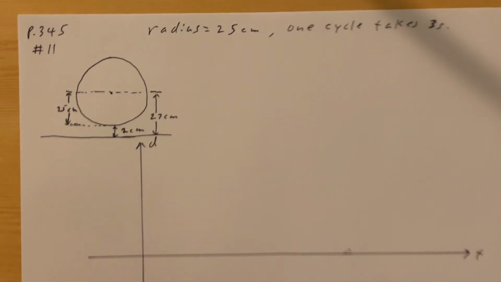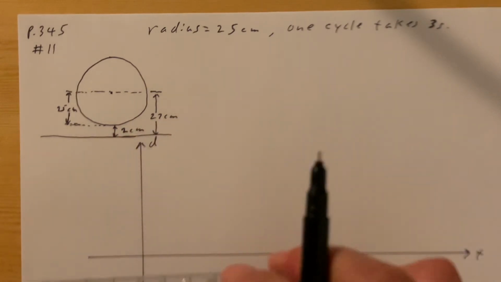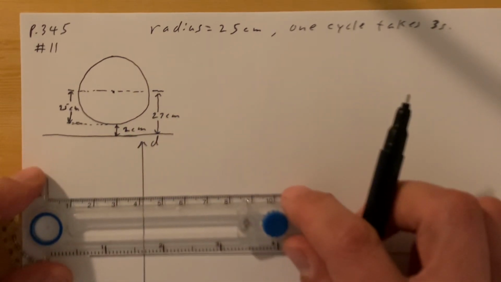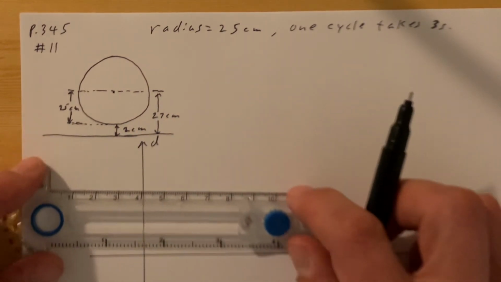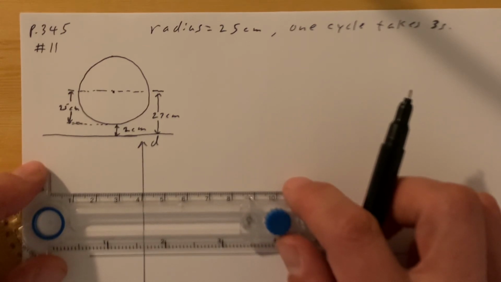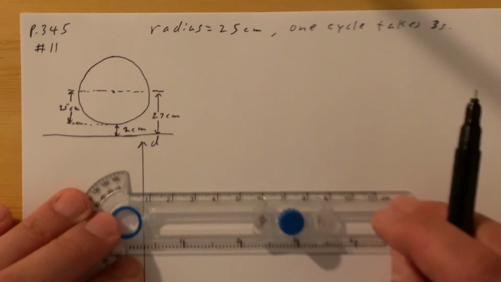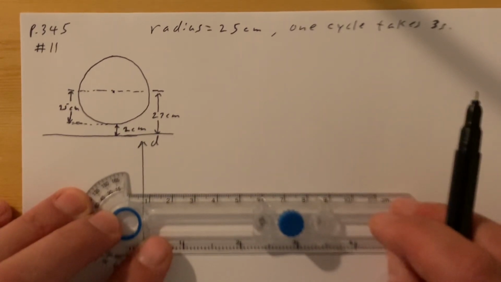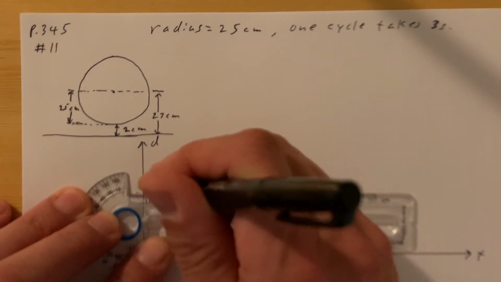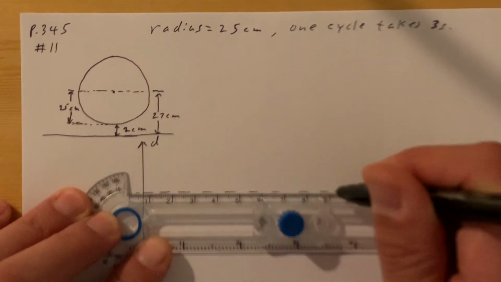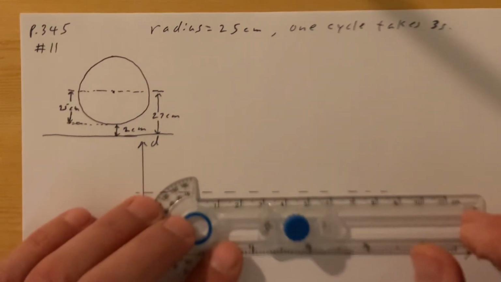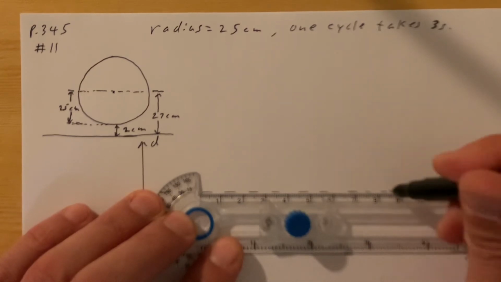And we know that the axis of the function is going to be at 27 centimeters. So we'll put it right about here. Okay, this is our axis.